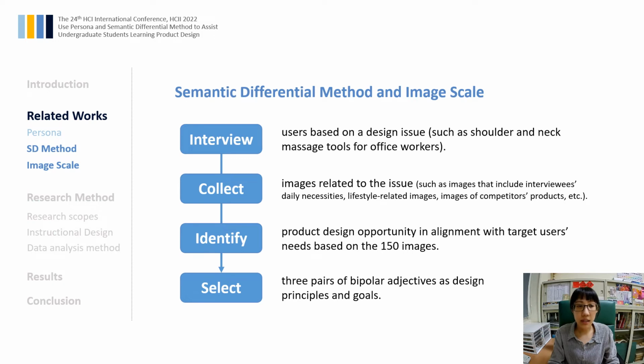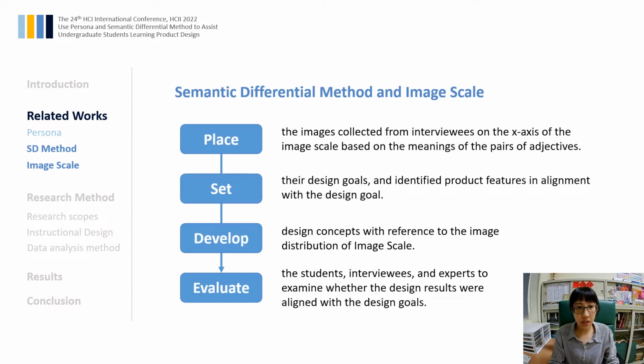So in this study, we ask students to first interview 1 user and then collect images related to their design issue. And then to identify the product design opportunity, according to at least 150 images on the image scale. And they have to select 3 pairs of bipolar objectives to set their design goals.